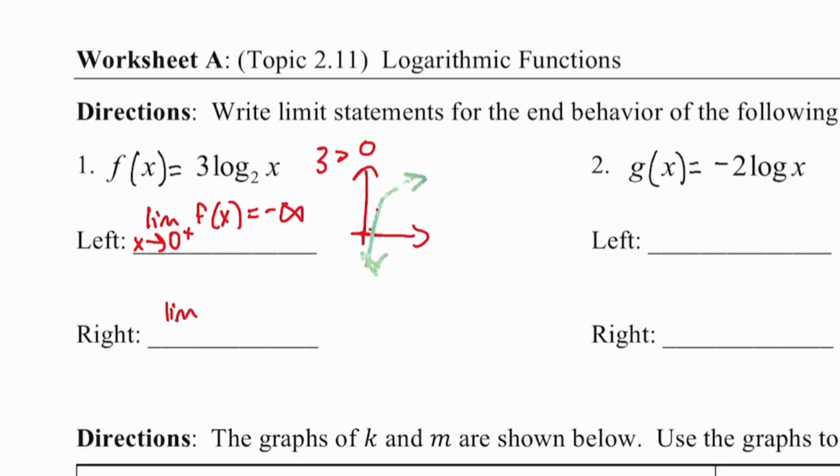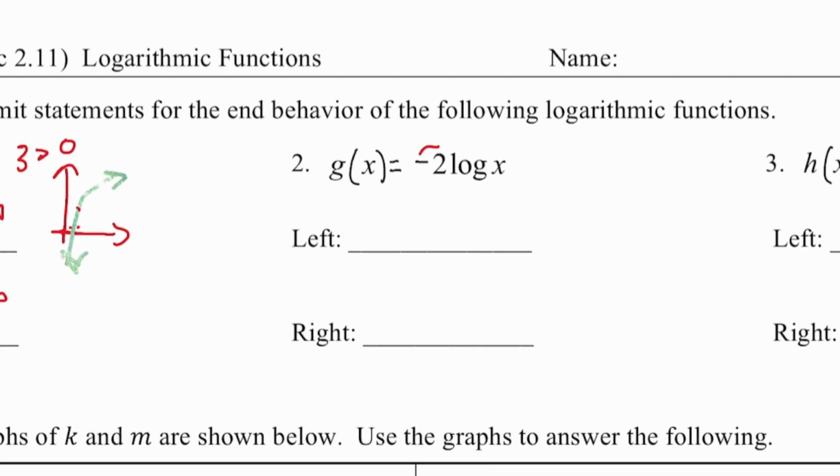And on the right side, we're always going to be writing positive infinity. This is the left side of the graph, this is the right side of the graph. When x is going to positive infinity, we see y keeps going up, so y is also going to positive infinity. So f of x is equal to positive infinity.